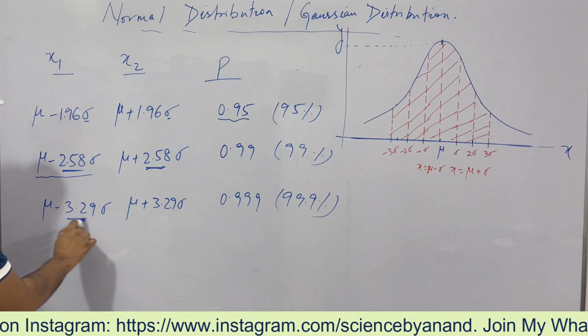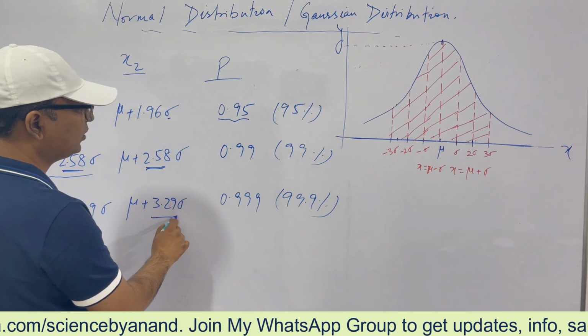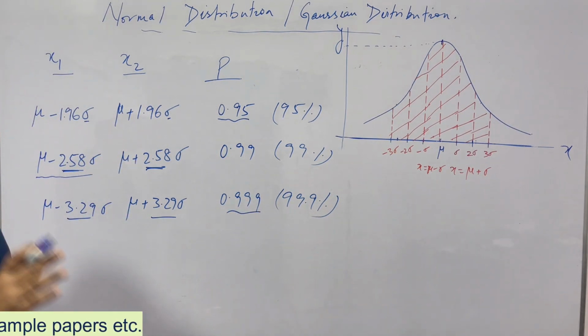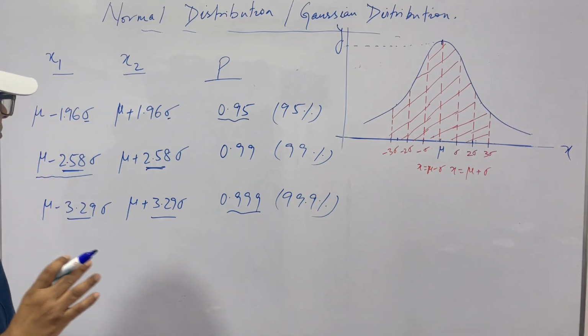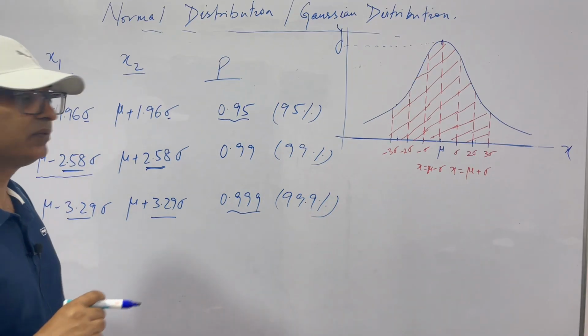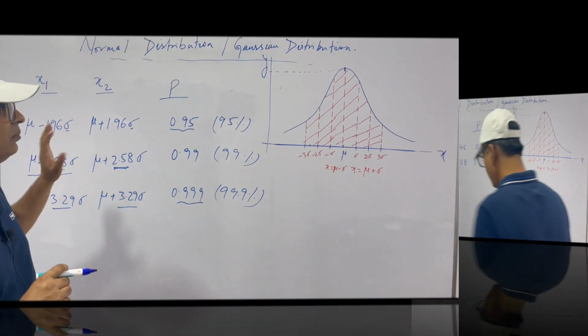Then mu minus 3.29 to plus 3.29, it is 99.9%. So these are some interesting figures that you should keep in mind.